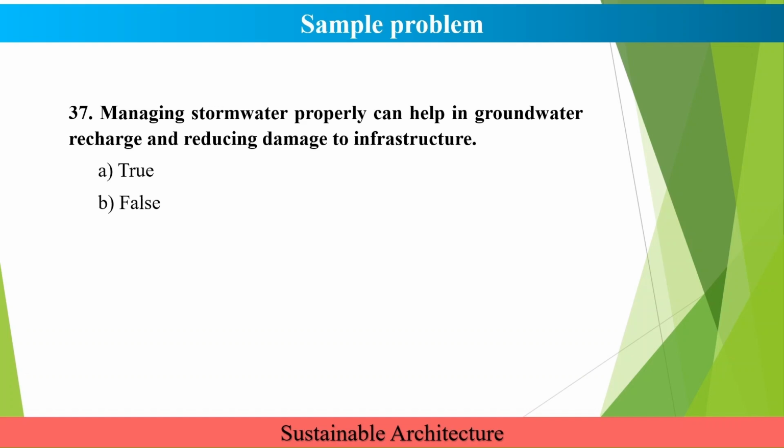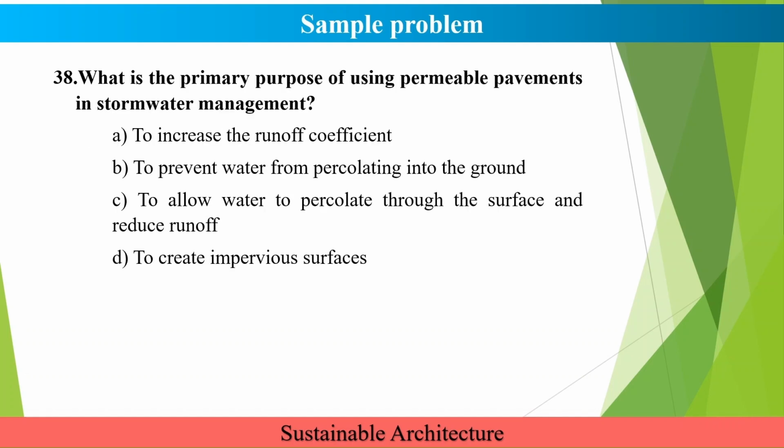Yes, sir. Okay, let's move to question 38 of today's session. Here is question number 38. What is the primary use of permeable pavements in stormwater management? Option C, sir.